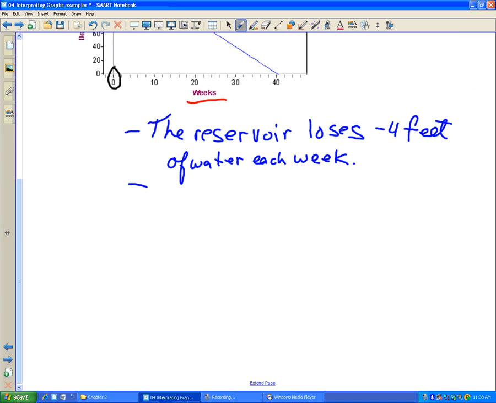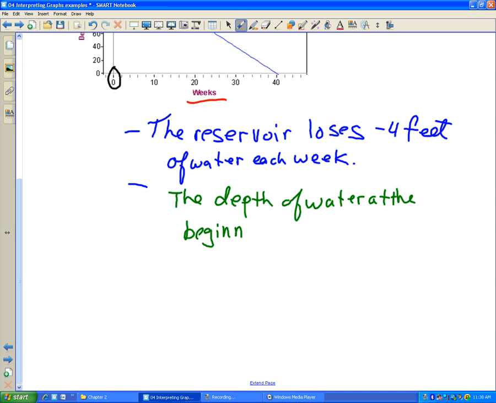My y-intercept, the depth of water at the beginning of summer, was 160 feet. There's probably a spelling mistake in there somewhere.